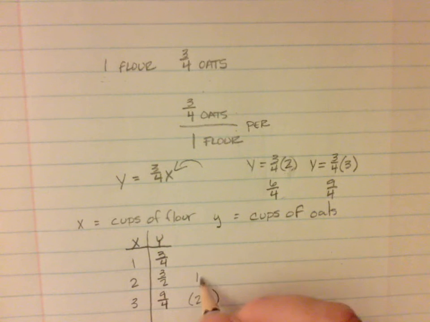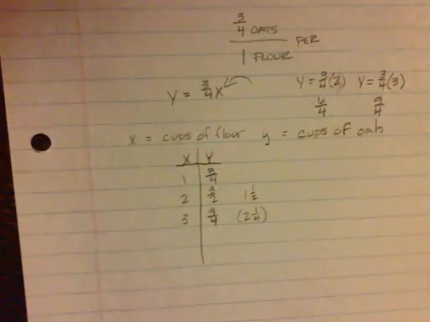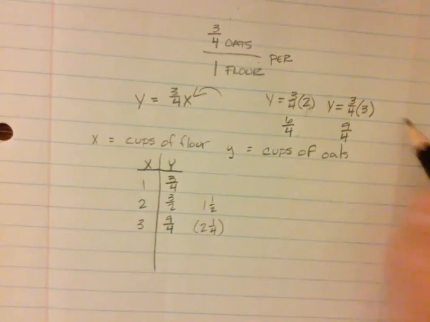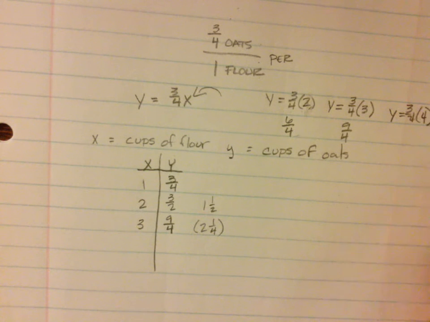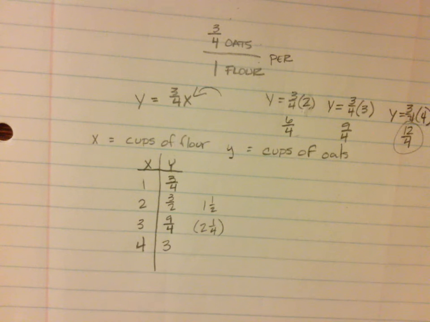And this would be 1 1/2 cups, right? Just so we have an idea of what we're talking about. And then let's go ahead and scale it up one more time for quadrupling our batch. We would have 3/4 times 4, which gives me 12/4, and that reduces to 3. So if I put in 4 cups of flour, then I need 3 cups of oats.